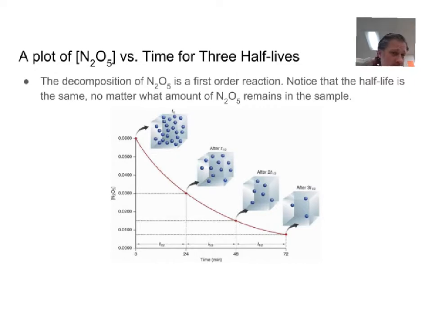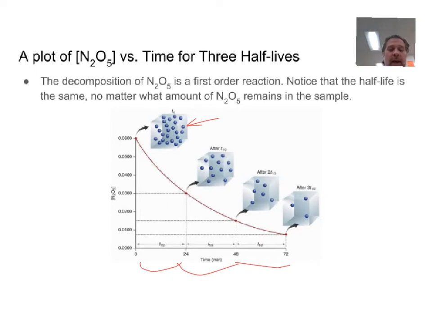Okay, so a plot of N2O5 versus time for 3 different half-lives. This is kind of what it would look like. We would start, and every half-life, which is the same, which appears to be 24 minutes, 24 minutes, 24 minutes, the number of spheres decreases by half.